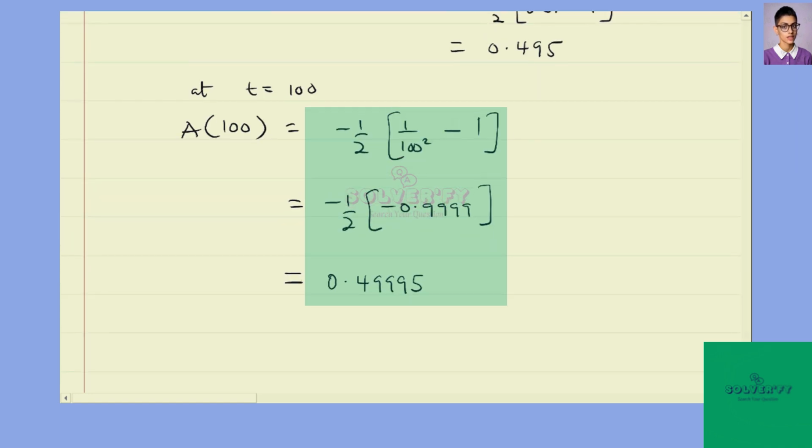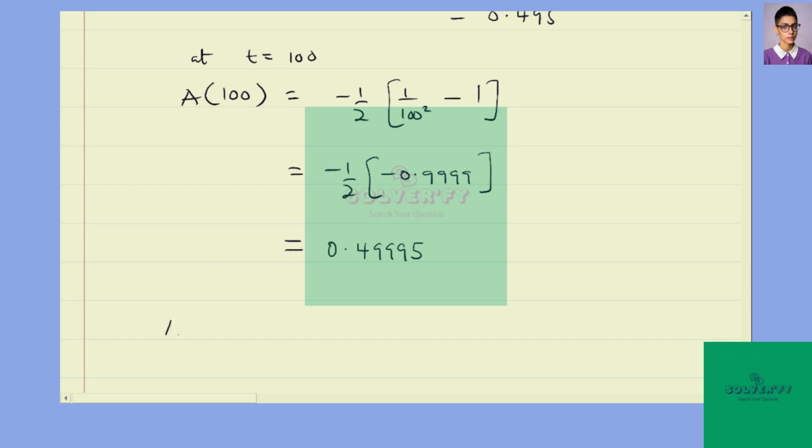Approaching 0.5. Last but not least, the value that we replace t with is 1,000.